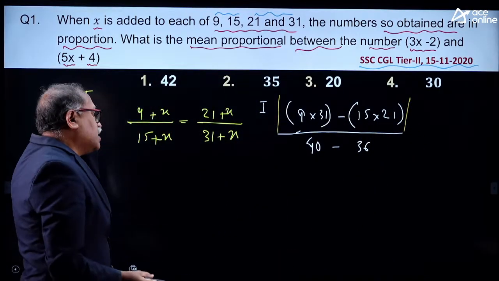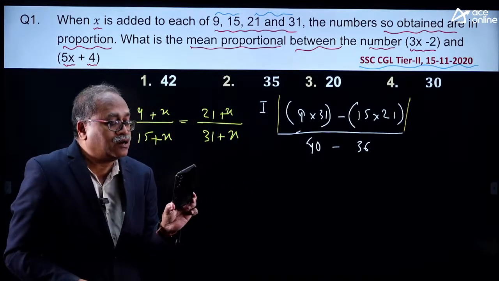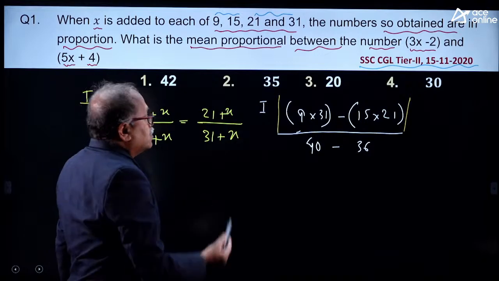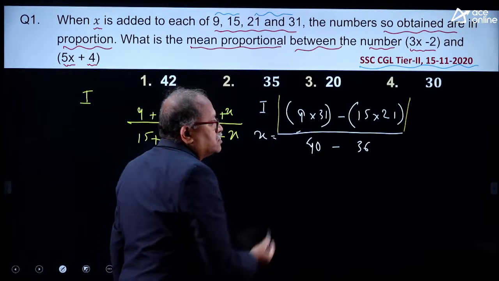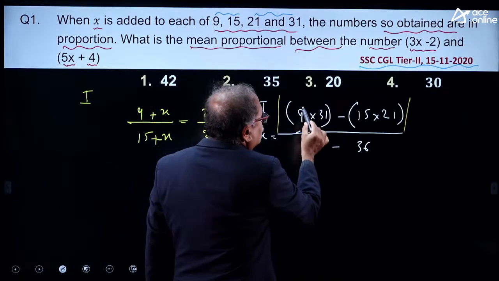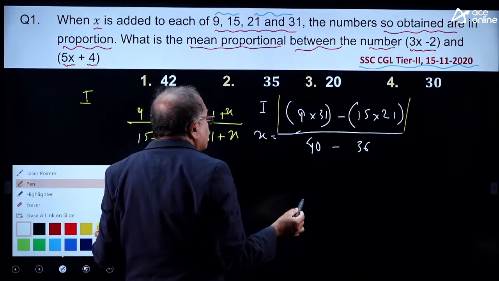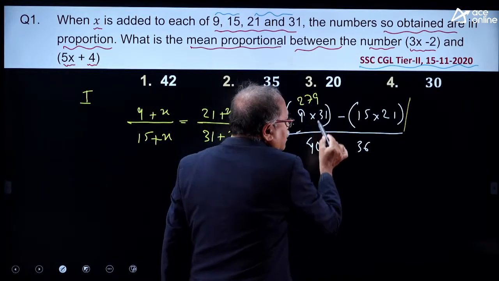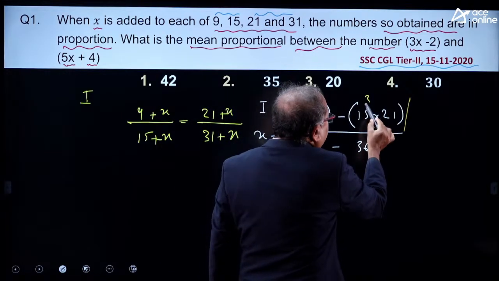I am very happy that Aman, Prabhu and Varshini have all answered the question. The speed is wonderful. So, this is one another approach. What is this product? If I multiply, I get 9 times 31 is 279, and 15 into 21 is 315.